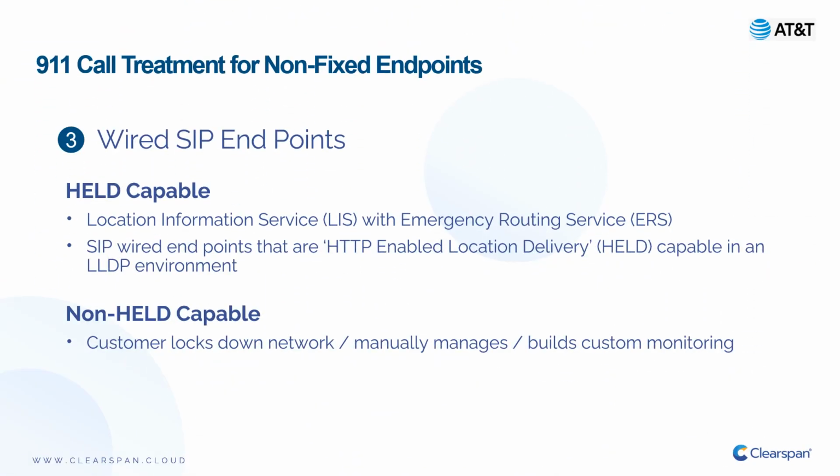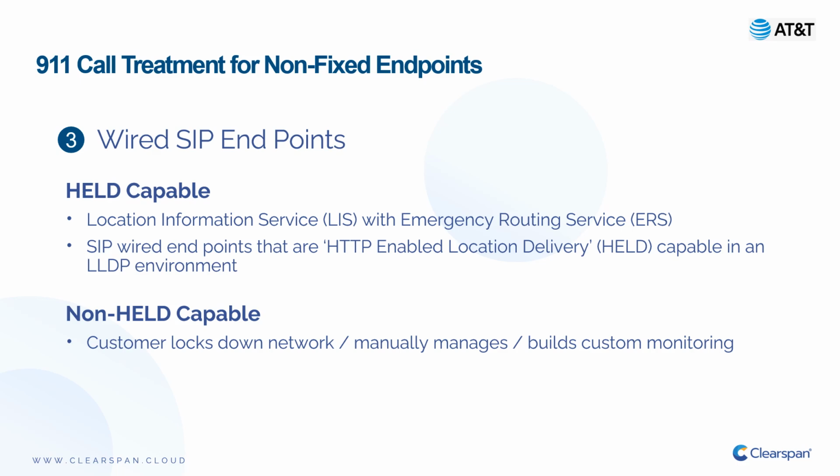For wired SIP endpoints, i.e. desktop phones, there are two categories for 911 originators. The first category is for phones that can support the HELD protocol with a LIS service. HELD stands for HTTP Enabled Location Delivery, and LIS is Location Information Service.